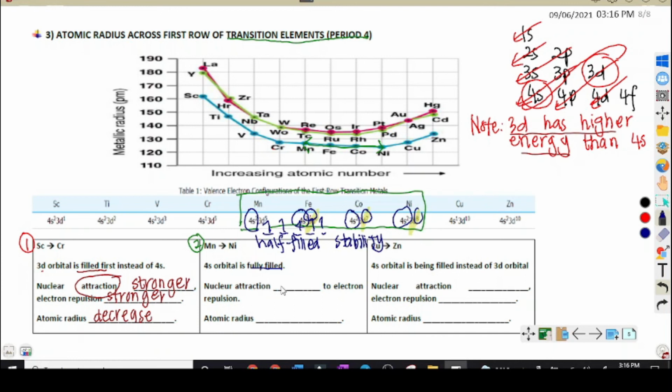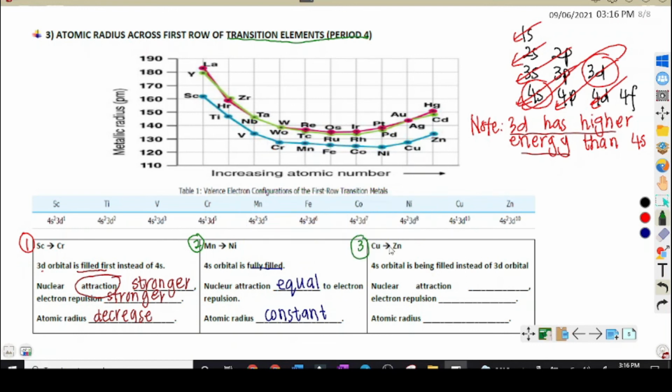So the nuclear attraction is equal to electron repulsion. That's why the atomic radius does not have any drastic changes here. So the atomic radius will remain constant because 4s and 3d are going to be filled at the same rate.